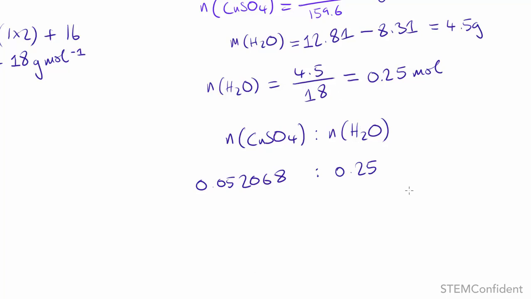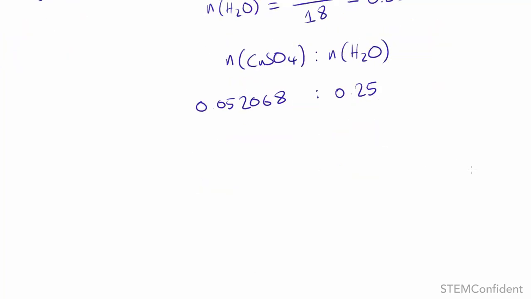But anyway, what we're trying to do here is ask the question, for every 1 mole of CuSO₄, how many moles of H2O? But the issue is that this is not 1 mole on the left hand side, so we want to get it to be a 1. And the way I'm going to achieve that is dividing this value by itself, right? So I divide that by 0.052068, and we're going to get 1 on this side, because you divide it by itself.